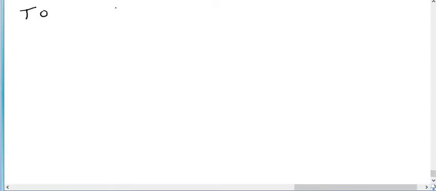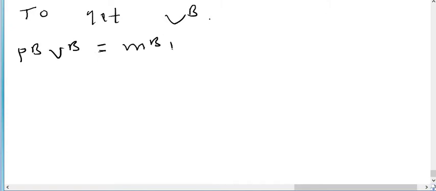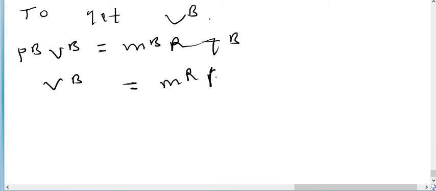So that is the parameters given, to get the volume after leaking, that is VB. We apply the equation of state, that is PB VB equals MB R TB. So VB is equal to MB R TB all over PB.